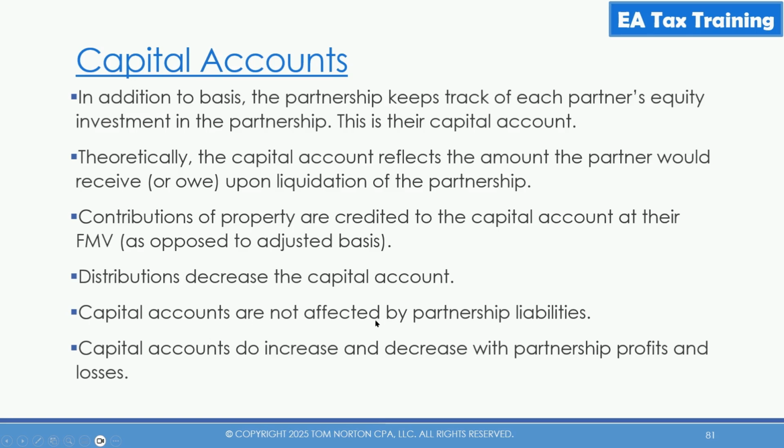So remember, you get outside basis for your share of the partnership liabilities. Well, that does not affect the capital accounts at all. And capital accounts do increase and decrease with partnership profits and losses. So just like basis, they will go up and down with partnership profits and losses. But the key point here is to understand that capital accounts and basis are two different things, and some things are treated differently between them. And so you will want to remember those for the exam.